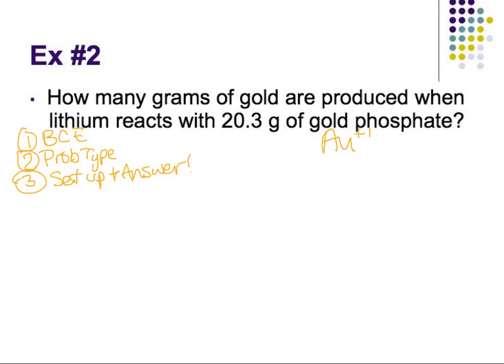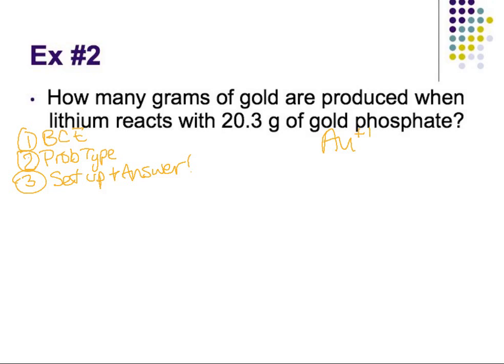All right, so write your balanced chemical equation on your paper right now. Pause it. But I'm going to do it anyways. Here I go. Gold is AU. Lithium. Oh, whoops. Look at that. Gold is produced. So let me start over.